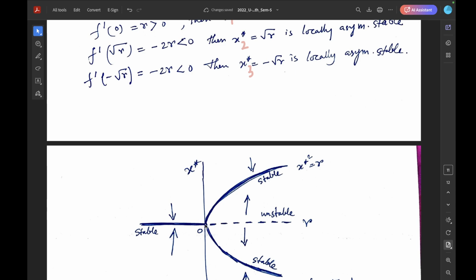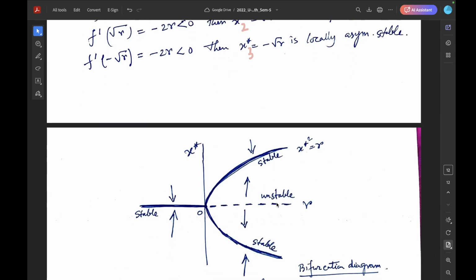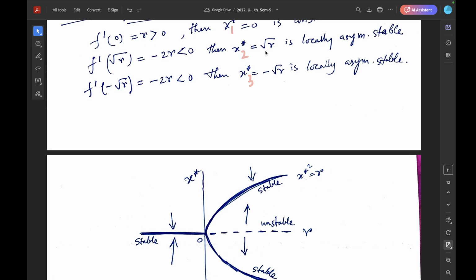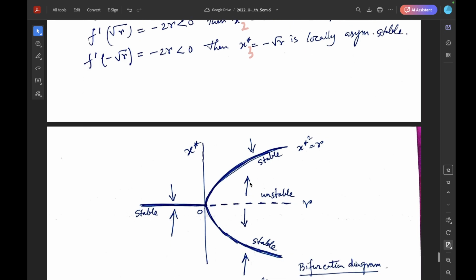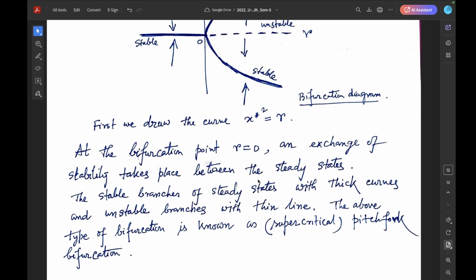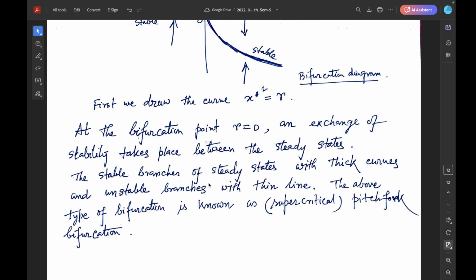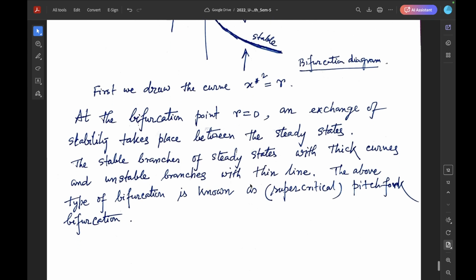After this point, r greater than 0, this x1 star critical point is unstable, so this dotted line is unstable, and x2 star is root r and x3 star is minus root r, the stable lines. So the bifurcation point is r equal to 0, and exchange of stabilities takes place between the steady states. Stable branches of steady states are drawn with thick curves and unstable branches with thin lines.